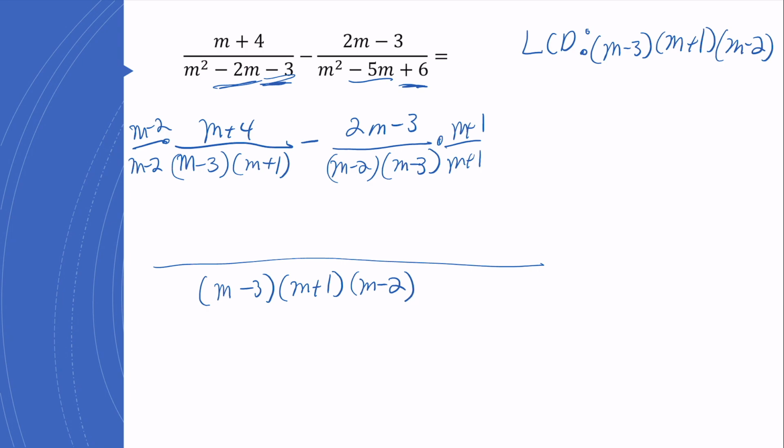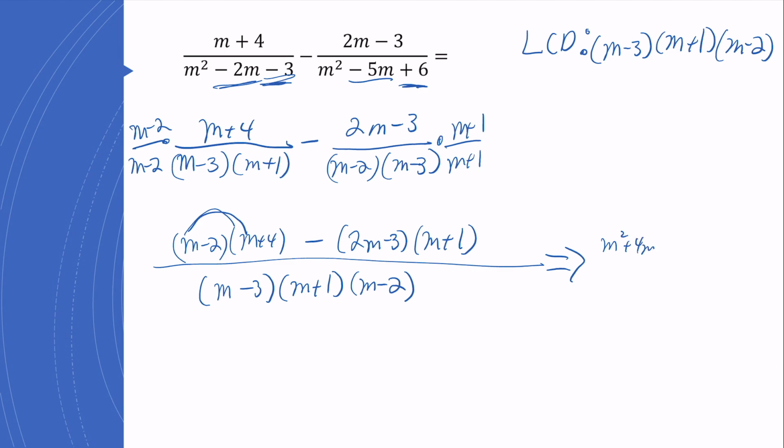My numerator is going to be m minus 2 times m plus 4, minus 2m minus 3 times m plus 1. And in order to see if I'm going to be able to simplify out anything, I need to FOIL those numerators. I'm going to have m squared plus 4m minus 2m minus 8.